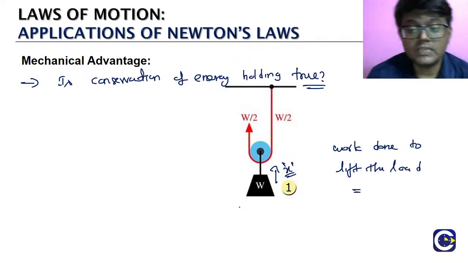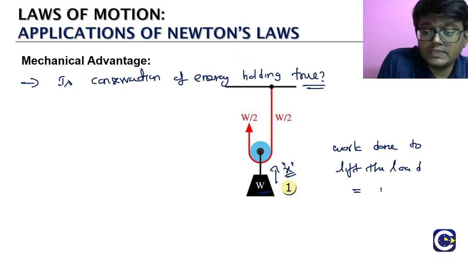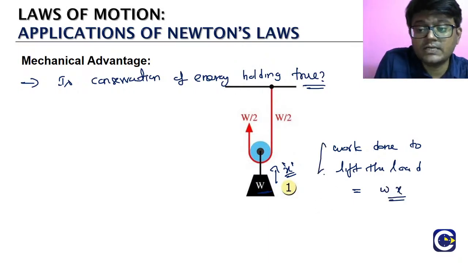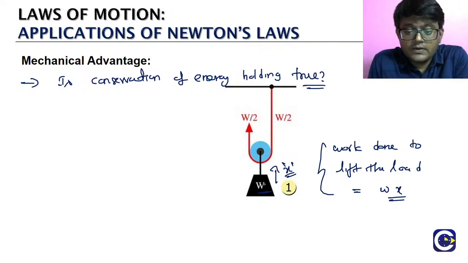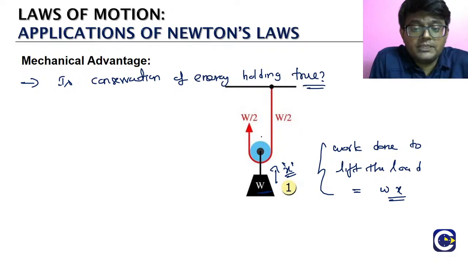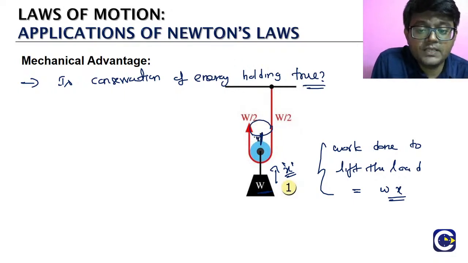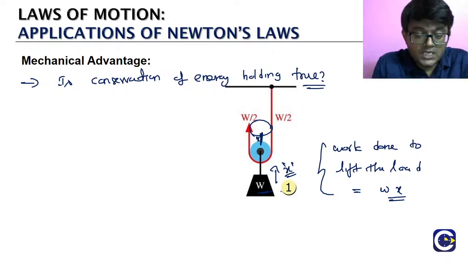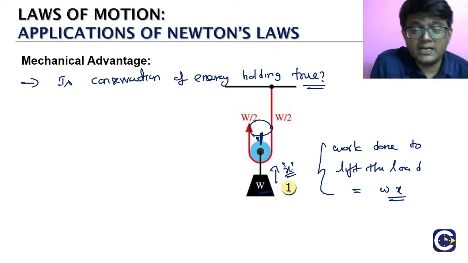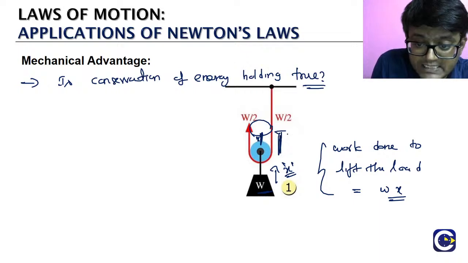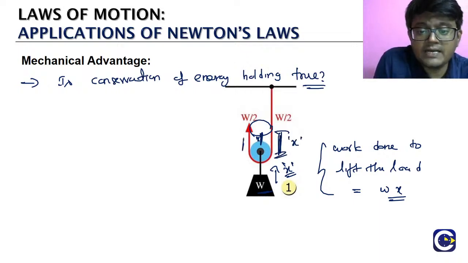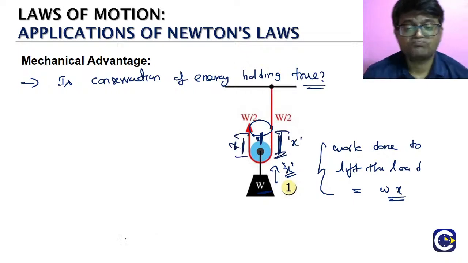The work done is the weight W into the displacement x. Now look, the weight is directly connected to the pulley, so the pulley also goes up by distance x. As we have seen before, if the pulley goes up by x, a slack of x appears on this side, and similarly a slack of x on the other side.